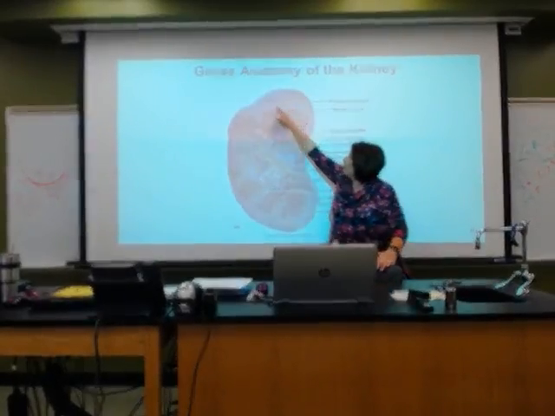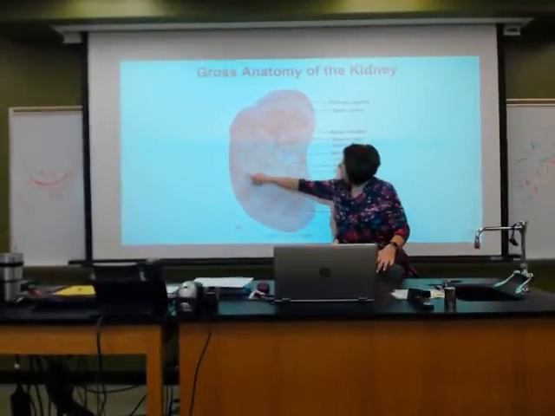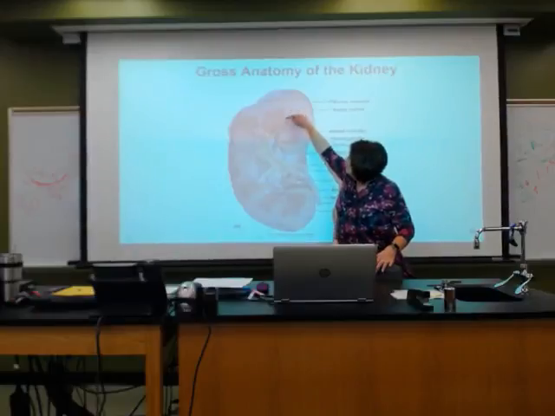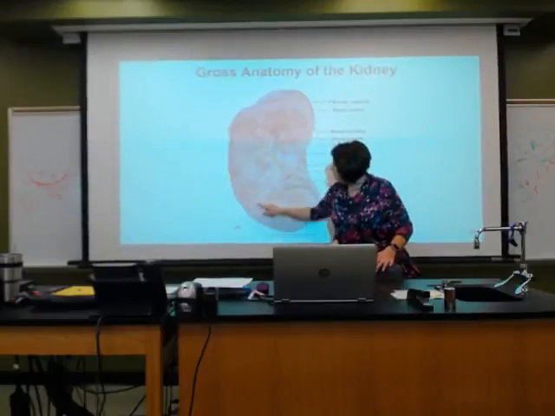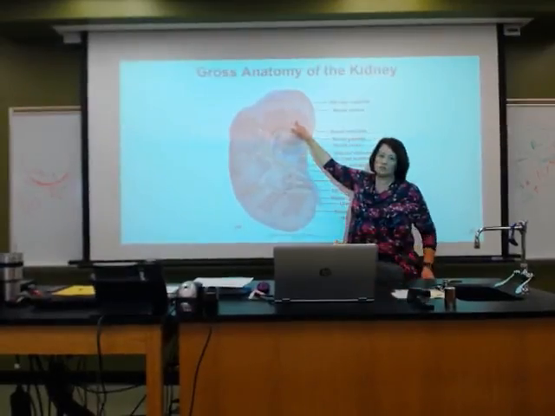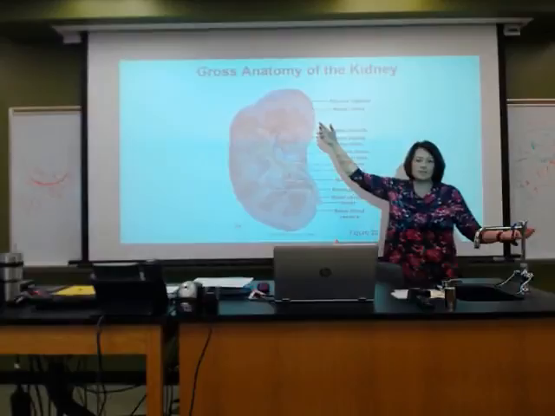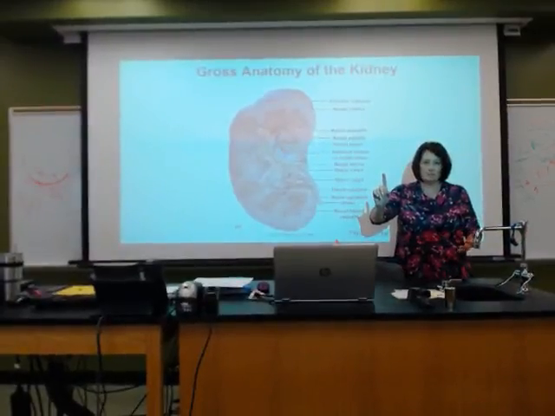We've got our cortex, which sort of goes on the outside of these pyramids. The columns extend in between, and then the pyramids are these darker red looking structures. Anywhere from 6 to 10 exist in one kidney.